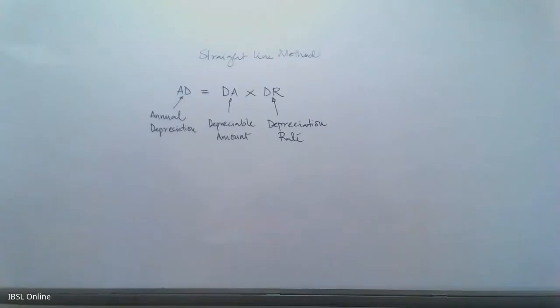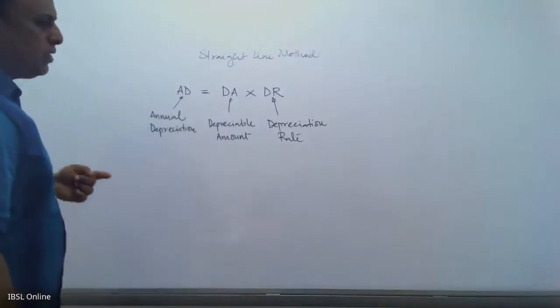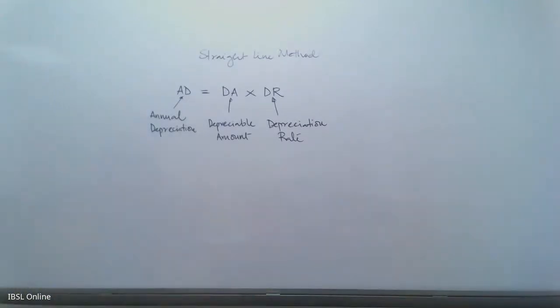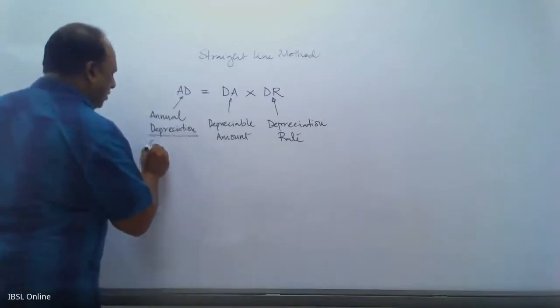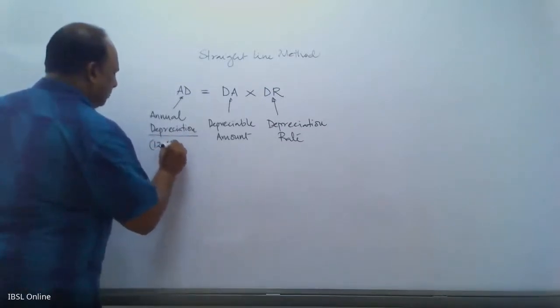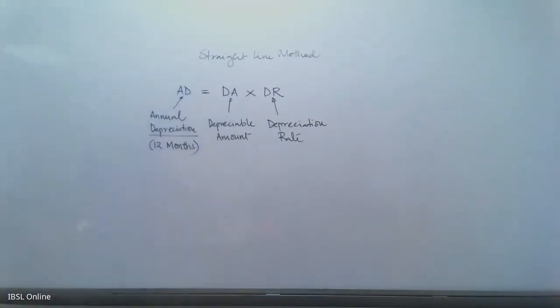The only difference comes when there is a depreciation policy. According to the depreciation policy, in the first year of the asset, that is when you purchase the asset, the applicable depreciation may differ. Annual depreciation covers 12 months, but depending on the policy, this may change.